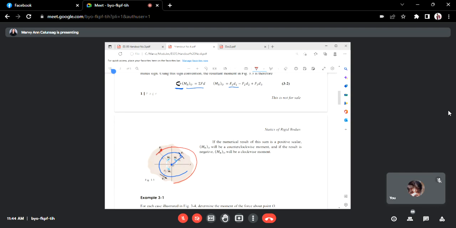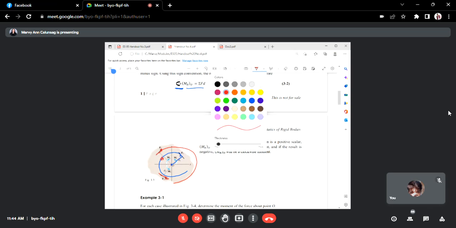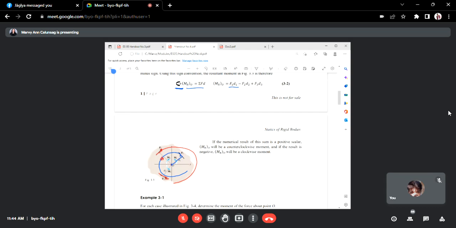F2 and its moment arm is D2, which is given. And then lastly for F3, this is its line of action when we rotate it about point O. What is the sign of F3 D3?